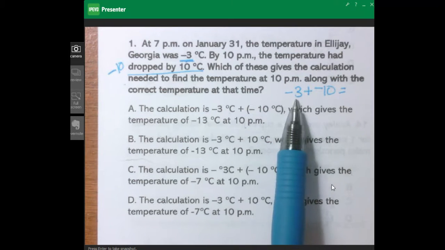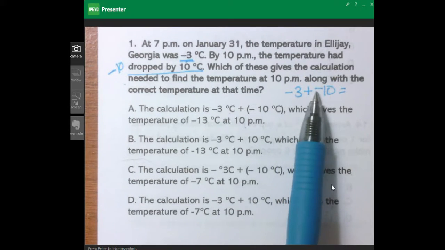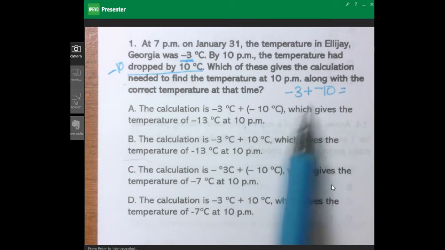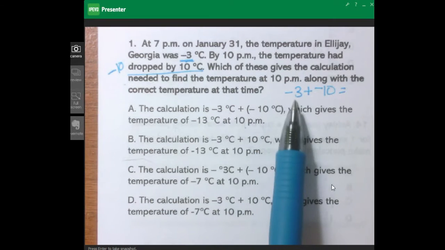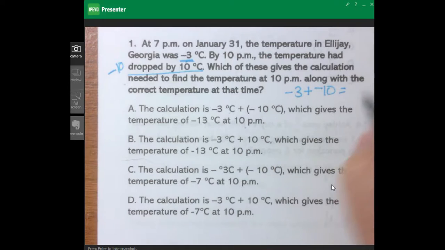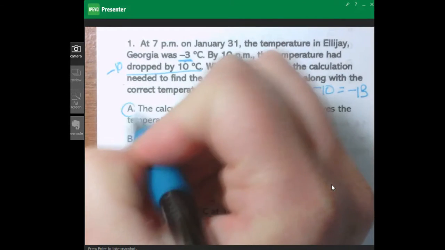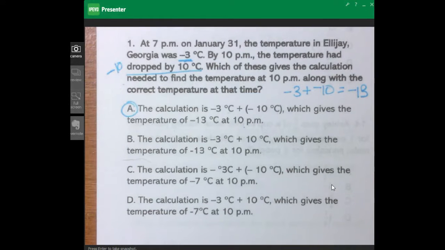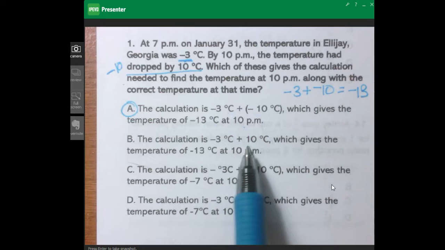So we have -3 plus -10. We have the same signs, so we're going to add them and keep them the same. So we get -13. So we do have here that A is correct. B is not correct because this would tell us that we increased 10 degrees, not that we dropped 10 degrees.